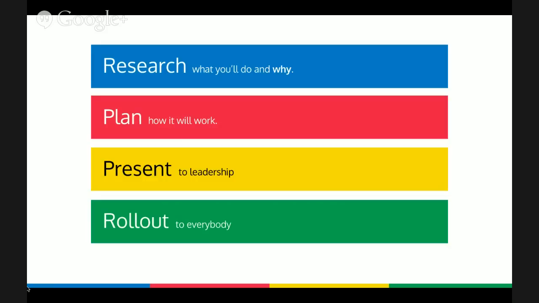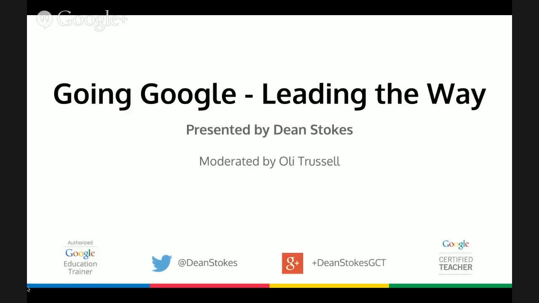That's the key thing for me. Show them that, give them that feeling where they start sparking all these other ideas, and you can see the look on their face where they're thinking, wow, think of all these things we could do with the students. And then roll it out to everybody, whoever your everybody might be, all the staff, all the students, maybe even the whole school. And that's it. 4 simple steps to go in Google and being the person to lead it.